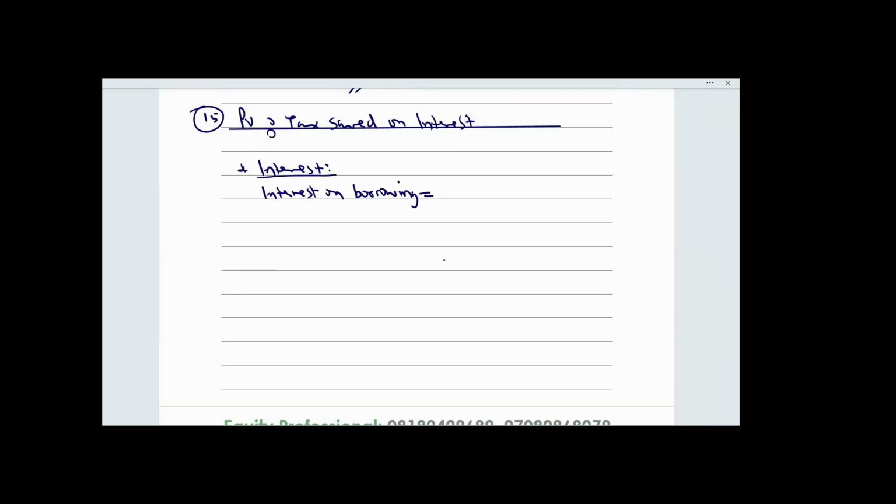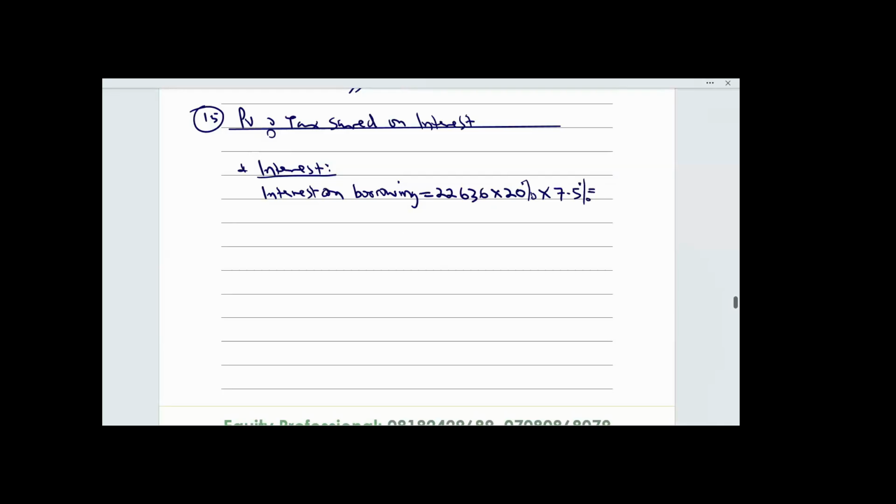Out of the gross finance required of 22,636,000, we are told that 80% is for the subsidized loan. It means that the balance of 20% is through normal borrowing. So interest on borrowing will be 20% of 22,636 multiplied by the interest rate on normal borrowing, which is 7.5%. This will give us the interest expense arising from normal borrowing.